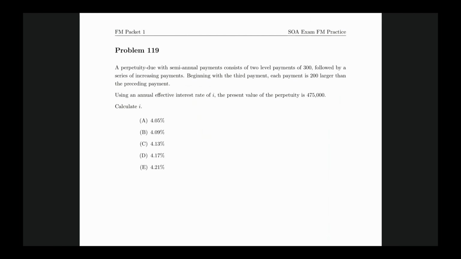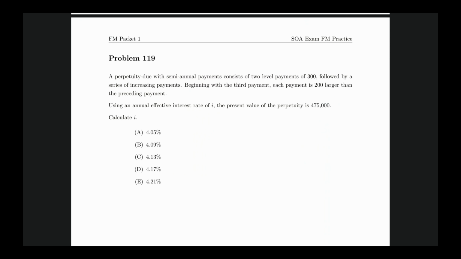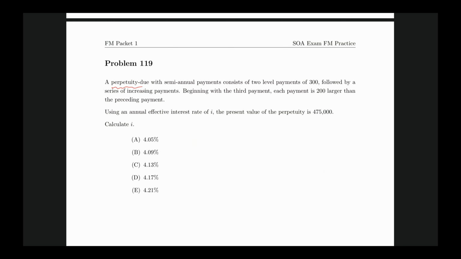Okay, so let's talk about this question. So this is a perpetuity, and more important, it's an increasing perpetuity. The increasing here means that the payments are increasing.